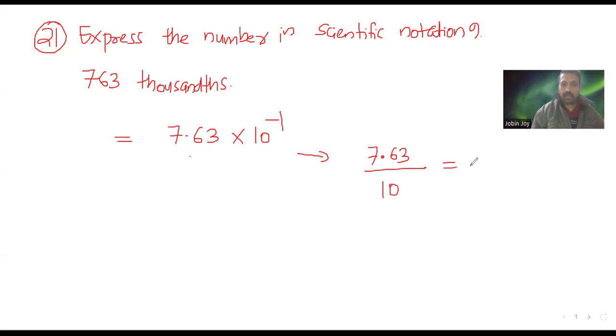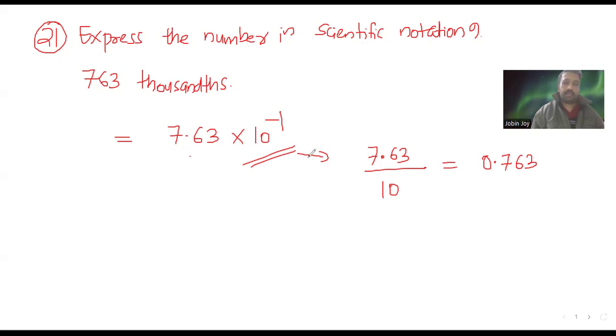So what is 7.63 divided by 10? 0.763. Okay, so this is the 763,000. We can express this in the scientific notation as 7.63 into 10 raised to minus 1.